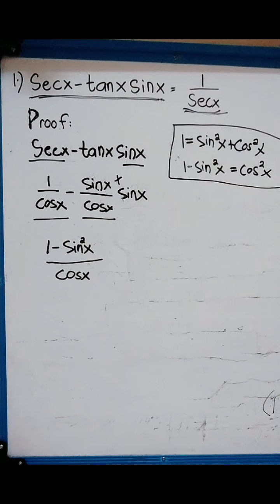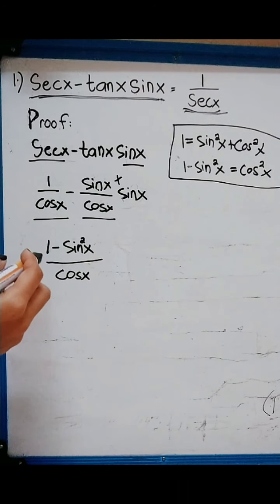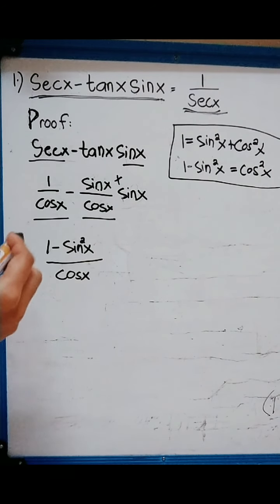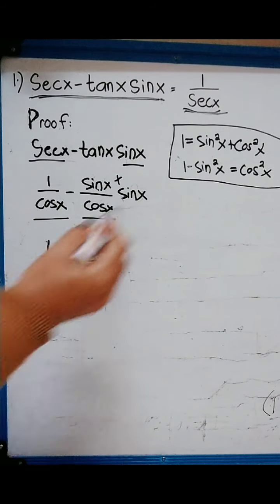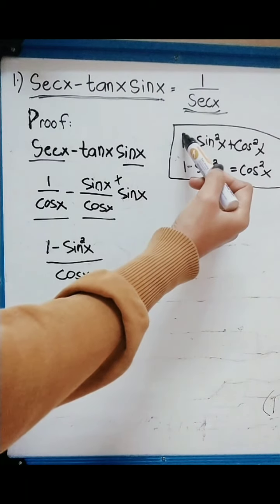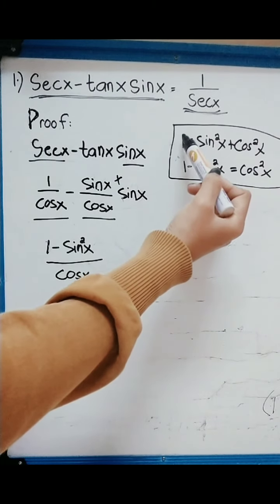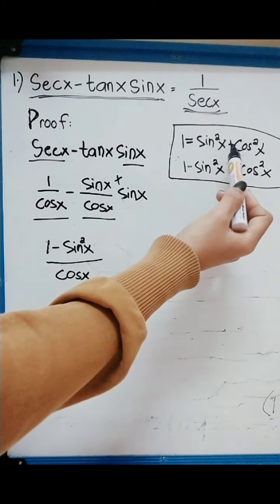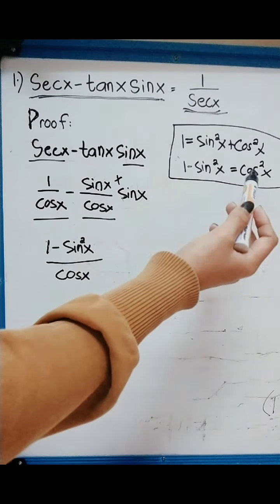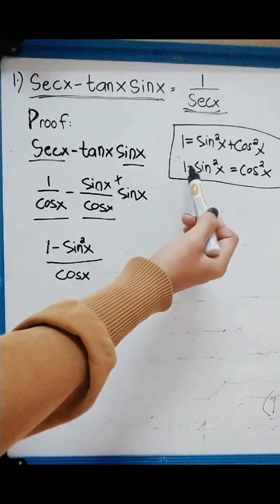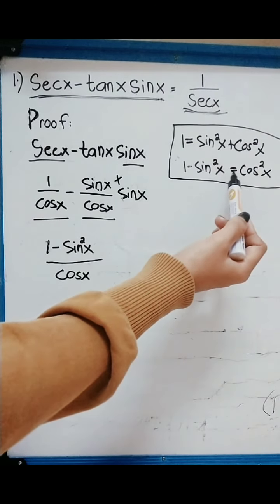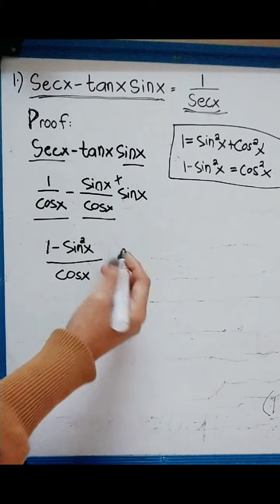And then next, as long as alam niyo yung Pythagorean identity, so may idea na kayo kung paano ito makuha. 1 equals sine squared x plus cosine squared x. So gitranspose na lang natin itong sine squared x to the other side, so magiging 1 minus sine squared x equals cosine squared x.